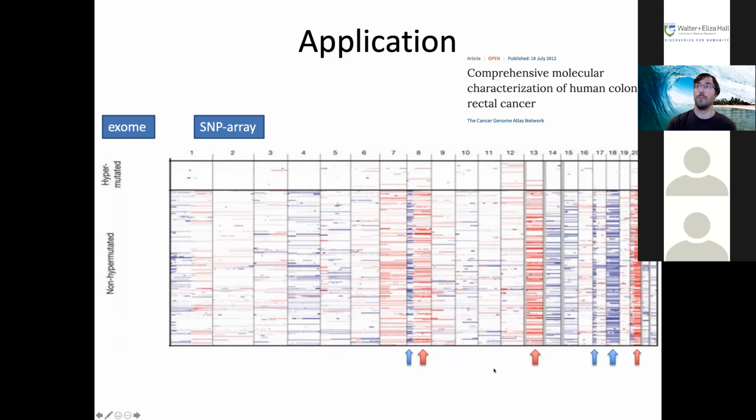We then tried to reproduce this analysis based on RNA-Seq alone. So we did somatic variant calling, even though we didn't have a matched normal for the RNA, and tried to split the samples into hypermutated and non-hypermutated based on that. We also did the copy number calling from the RNA-Seq and tried to match them up in the same way as they did here.